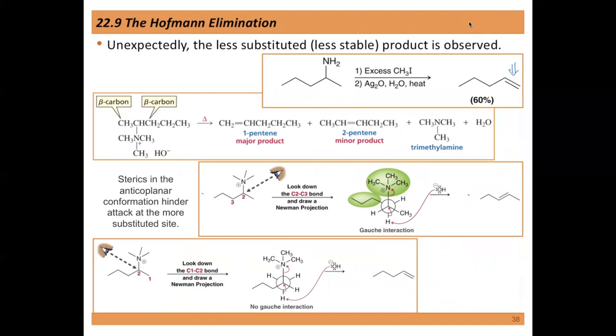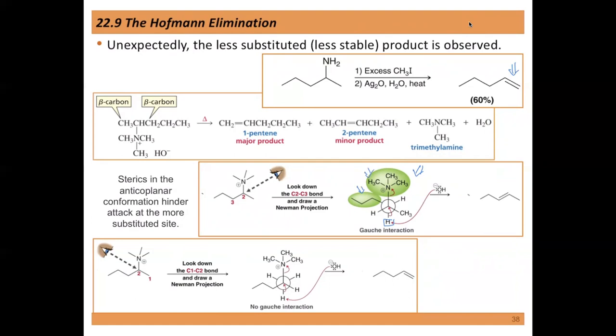For those of you that want to know, to get the more substituted double bond, you still need an anti-periplanar H. And in order to get that anti-periplanar H, you would have to put these large groups adjacent to each other, and that gives rise to some steric interference.